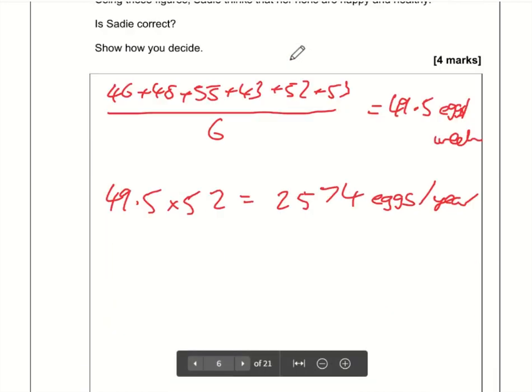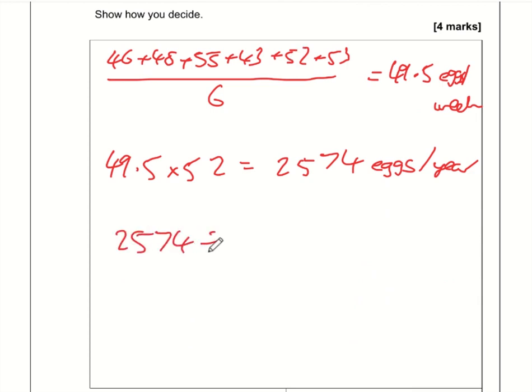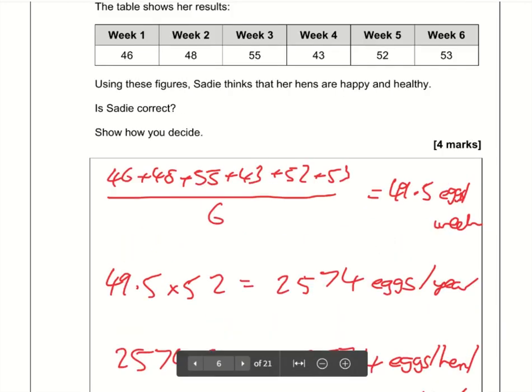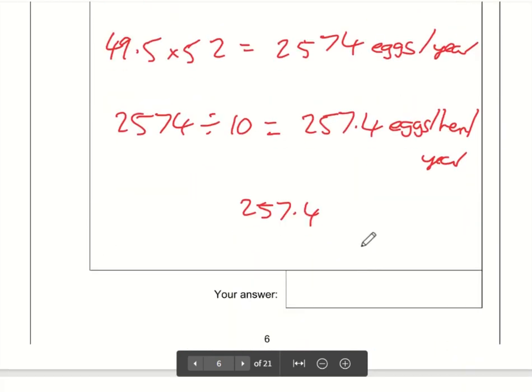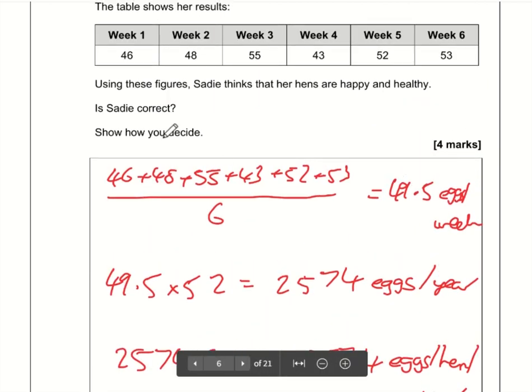So if we want per hen, then I just need to divide 2,574 by 10 to get the number of eggs per year per hen, and that comes to 257.4 eggs per hen per year. And since 257.4 is greater than 250, that means that the hens are happy. Is Sadie correct?